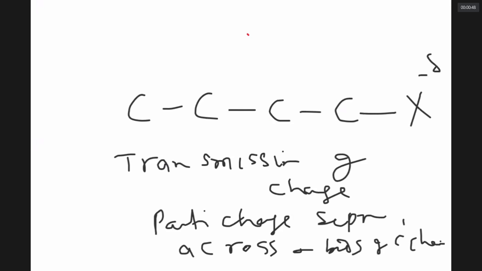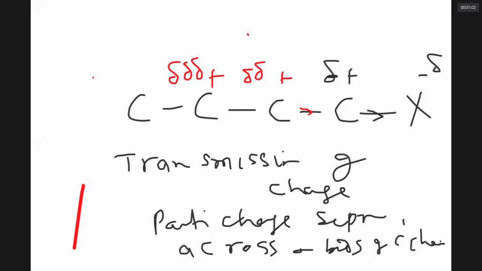It is minus delta, it is delta plus. It is delta delta plus. It is delta delta delta plus. It is delta delta delta delta plus. The effect is really 0 beyond the fourth carbon.